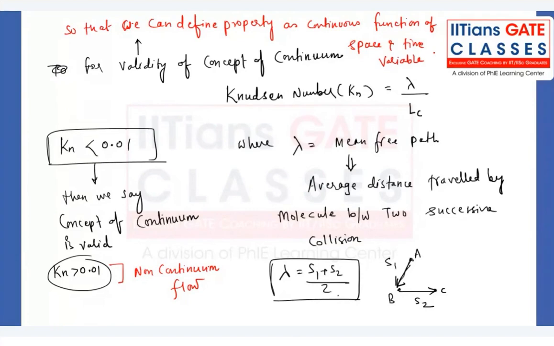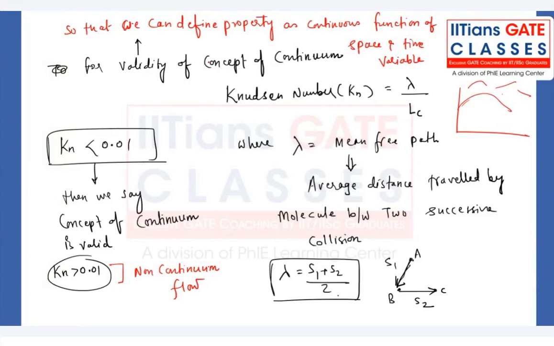There should not be any jump. And one more reason is that even though at a micro level you have the gap, you almost neglect that gap, so that our analysis will be simple. Otherwise, a lot of complicated mathematical tools will be required to define the property.